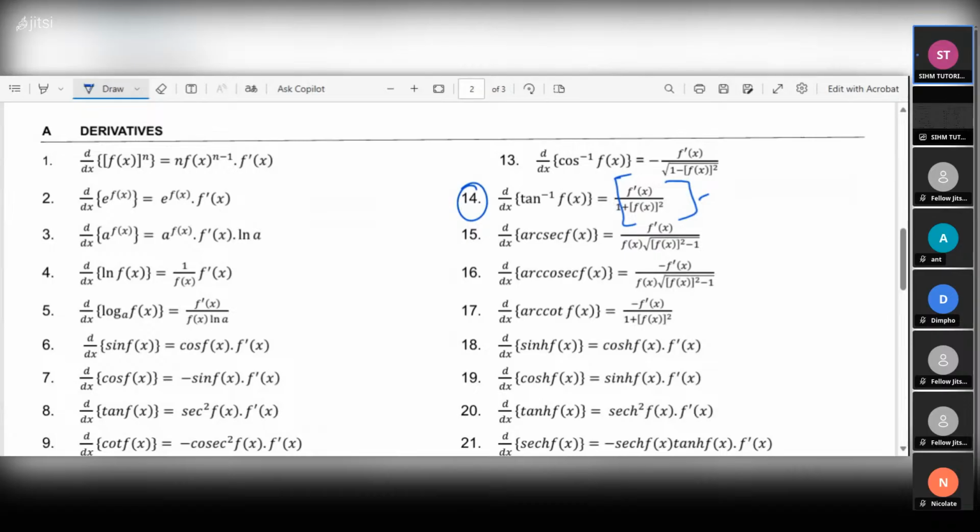This is the function that you have been given here on top. After that, you're going to square it like that. So after squaring these, check something. I need you to check here.